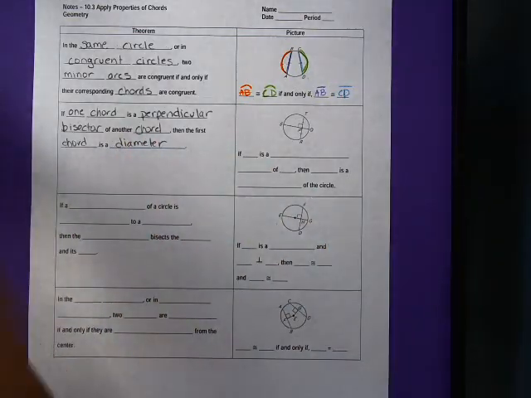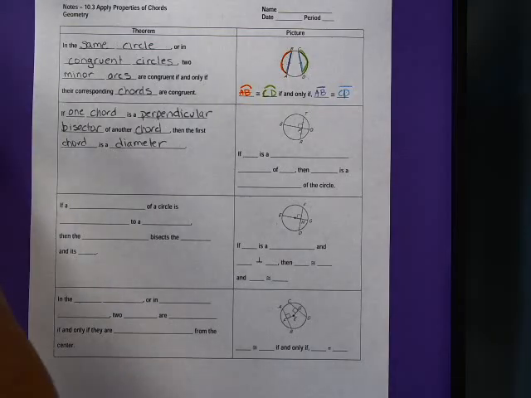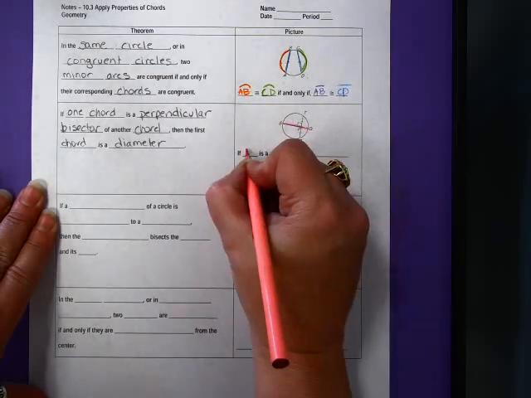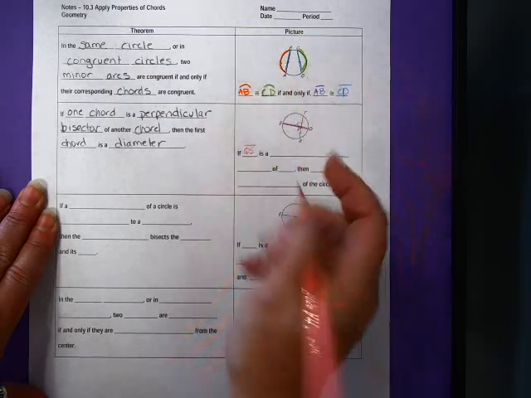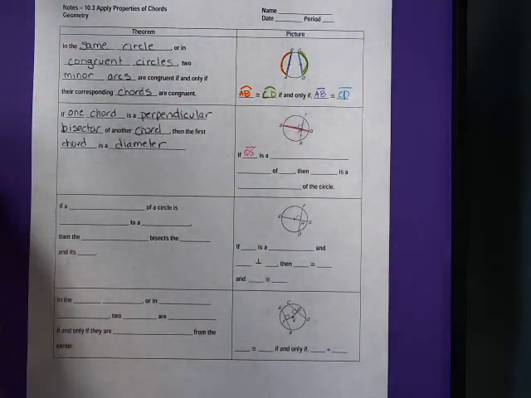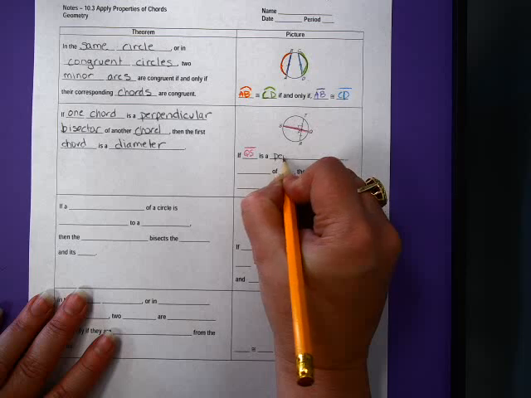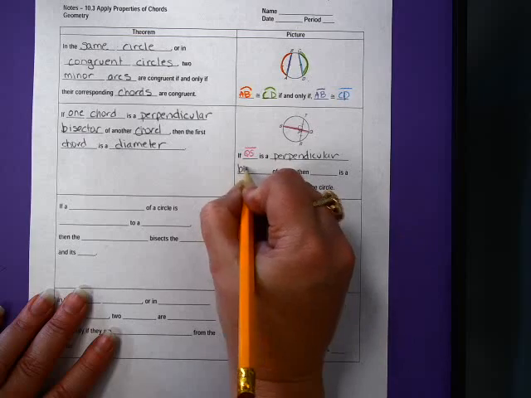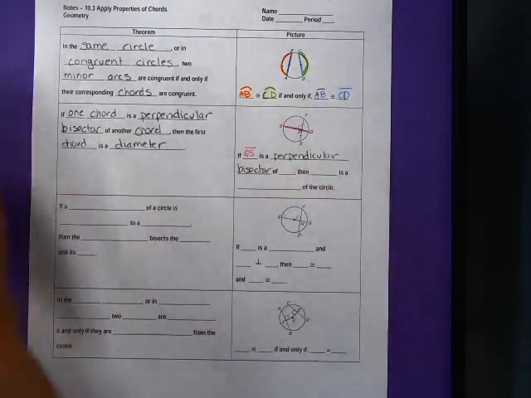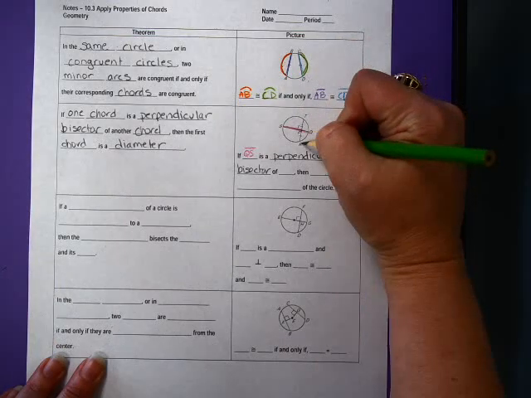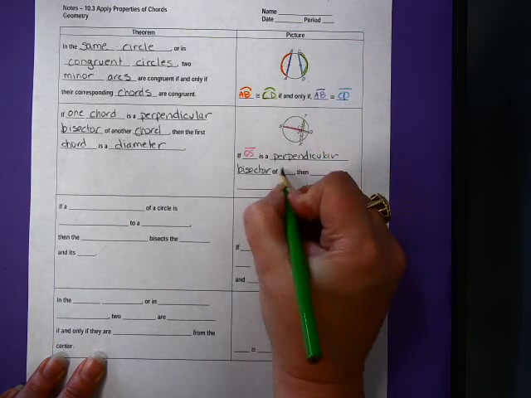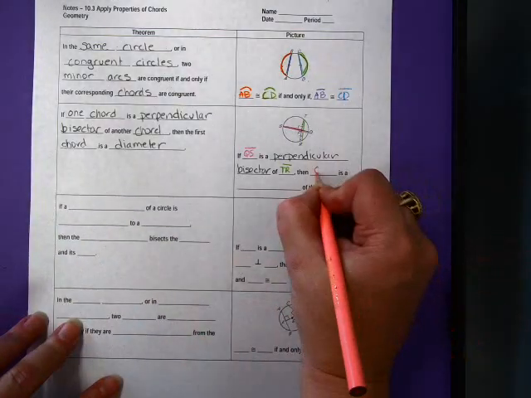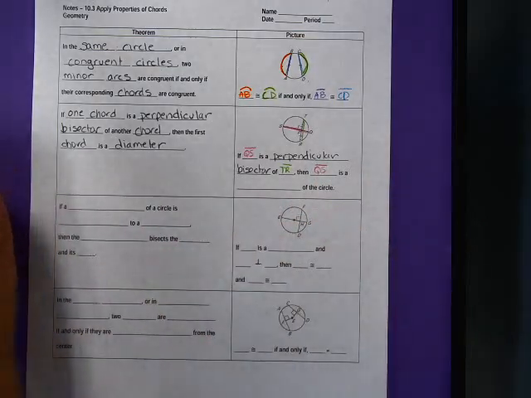Okay, so starting here, we know that if QS is a perpendicular bisector of TR, then we know that QS is a diameter of the circle.